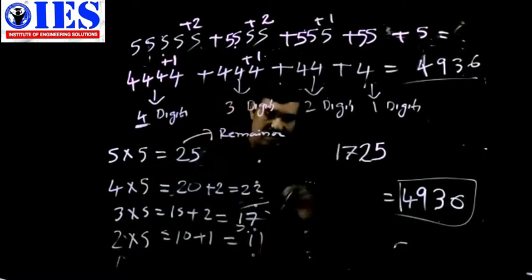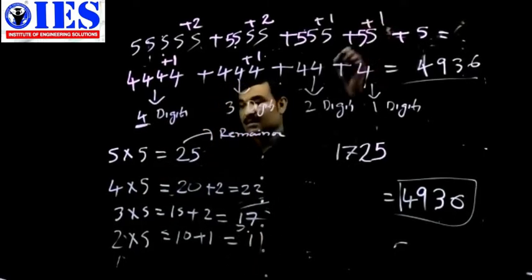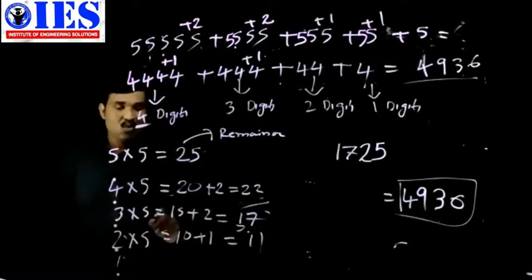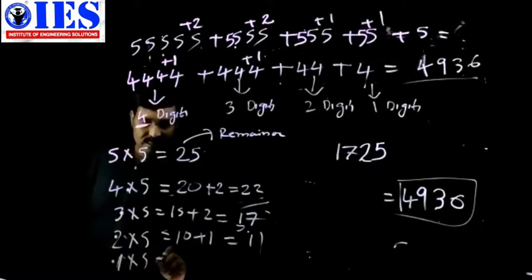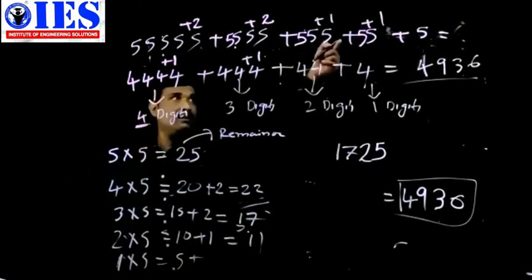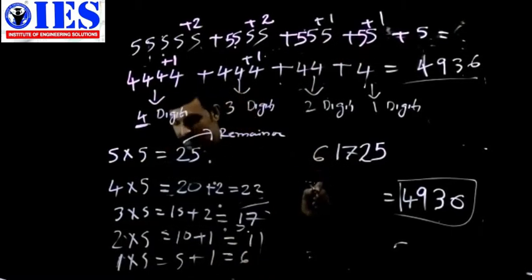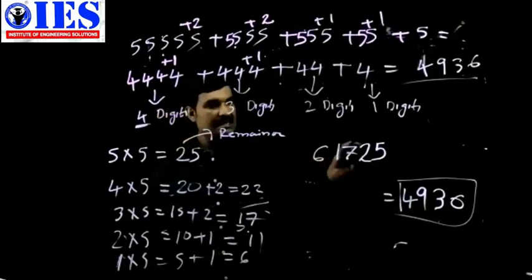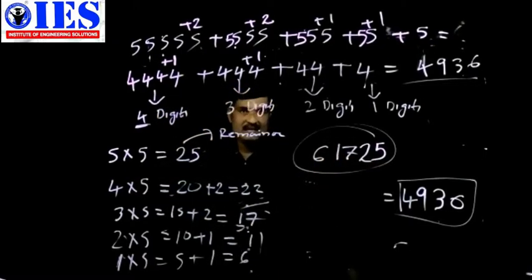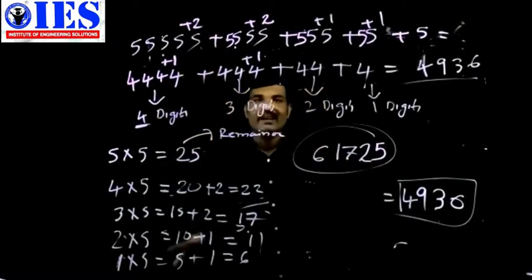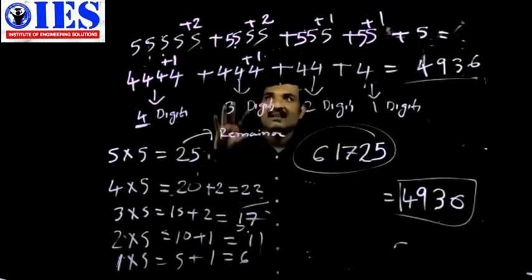Writing 1 here and adding this remainder here. Now we have 1 into 5, that is equal to 5 plus the remainder 1, which is equal to 6. So our answer is 61725.